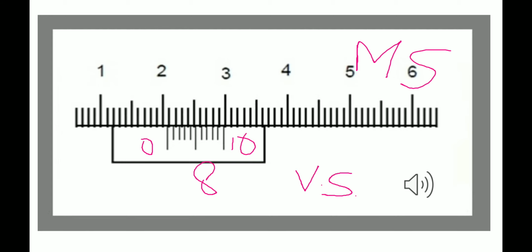So what will be the result? 2 plus 0.08, so 2.08 centimeters will be the answer. The length which is being measured with this vernier is 2.08 centimeters. Is that okay? So we move to the next slide.